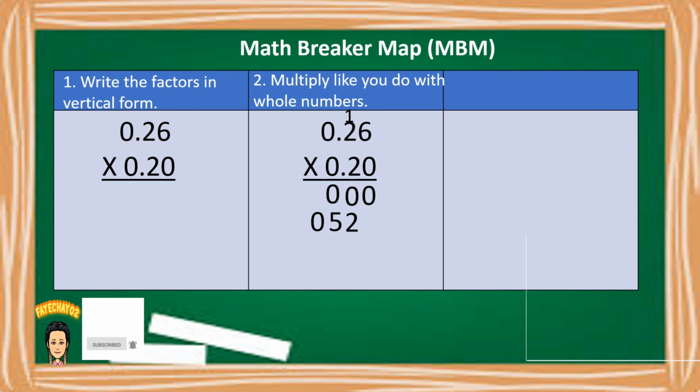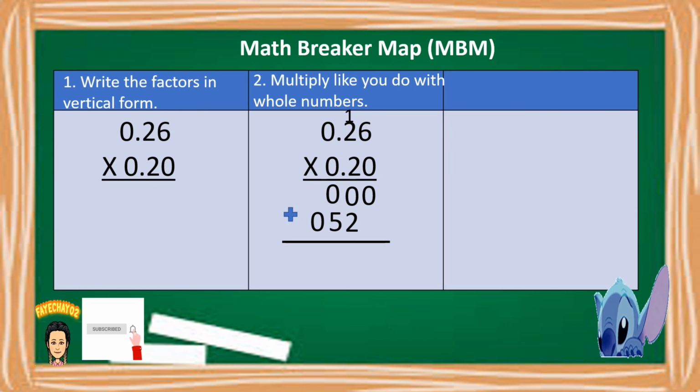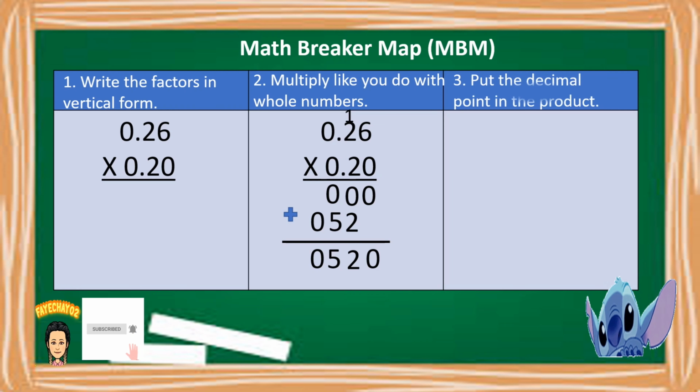Then, we will now get the sum of the two products. So, bring down 0. 0 plus 2 is 2. 0 plus 5 is 5. Bring down 0. Then, the third step, put the decimal point in the product.